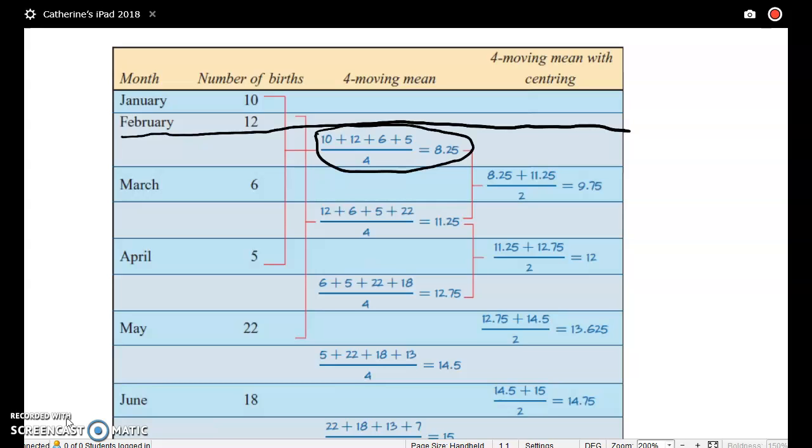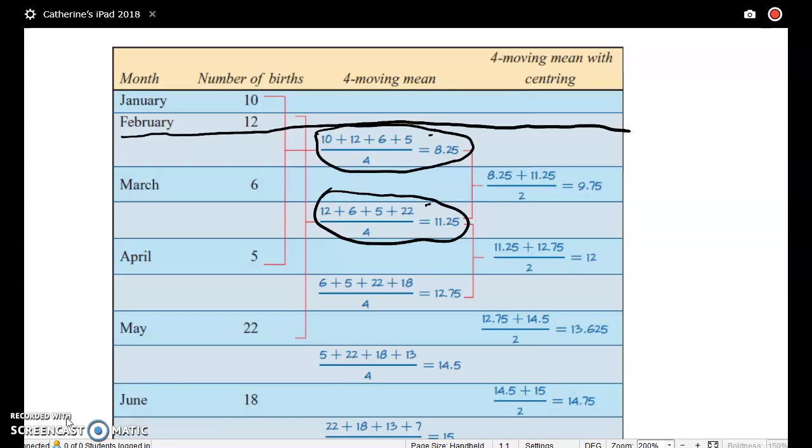So then I go to my second step, which is to get February, March, April, May, and find the center for that, which is between March and April.